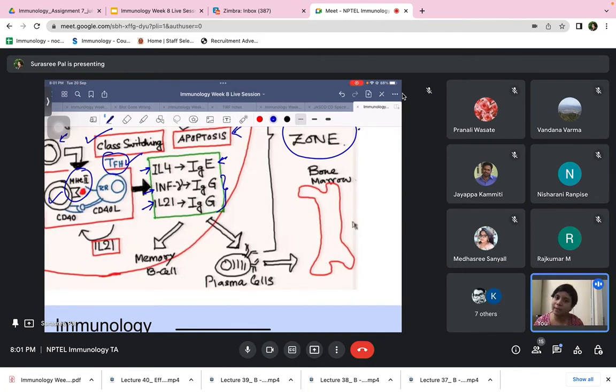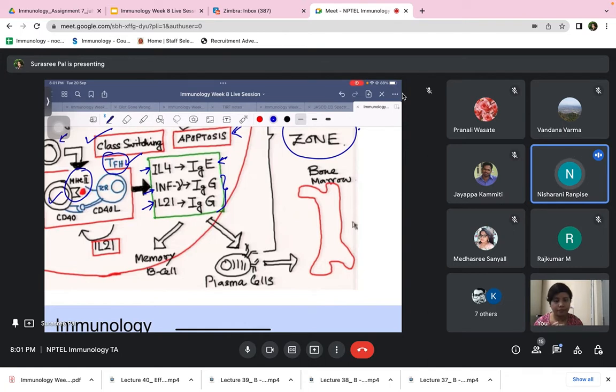Okay, so the memory B cell will express IgE on its surface, but the plasma B cells will express the soluble form of this IgE, which will be coming in the circulation, and it can directly interact with the antigen.